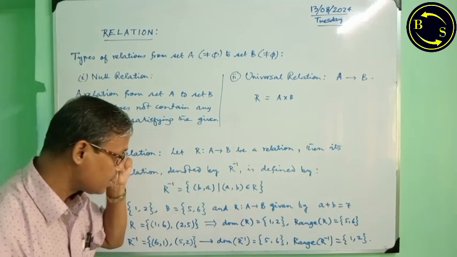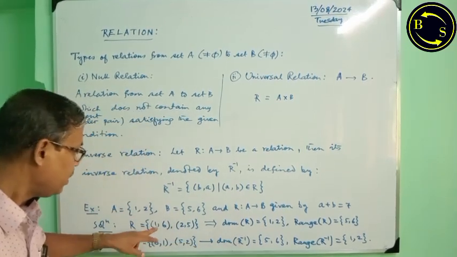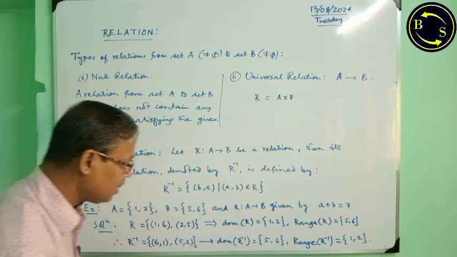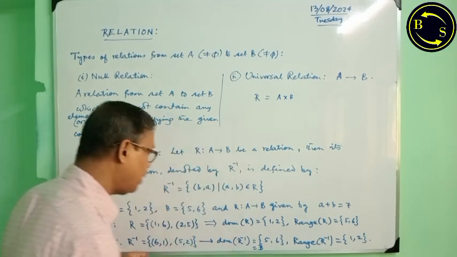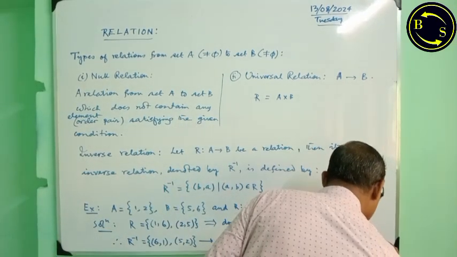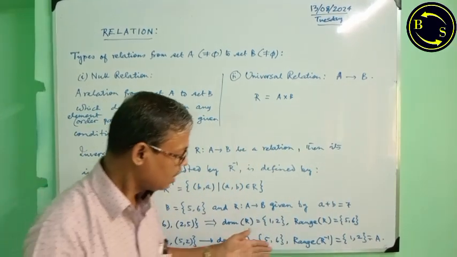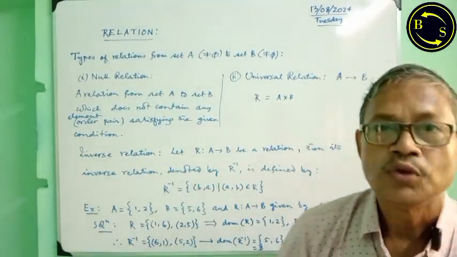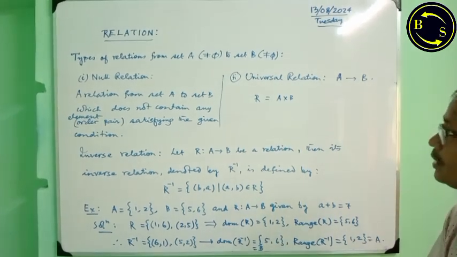That means in this case the domain of R inverse is the set B, and the range of R inverse is set A. That means domain and range of R are just reversed.